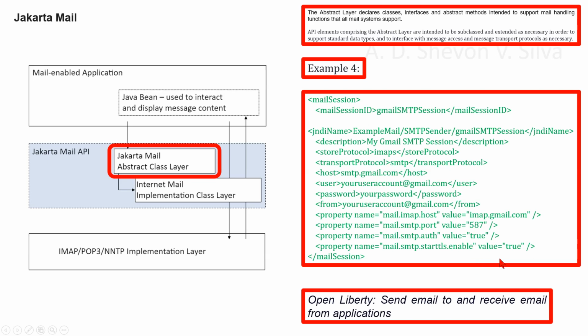Create a Jakarta.mail.Session object by adding and configuring the mailSession element. To enable this configuration, in addition to enabling the Jakarta Mail feature, you must also enable the Java Naming and Directory Interface (JNDI) feature in your server.xml file.